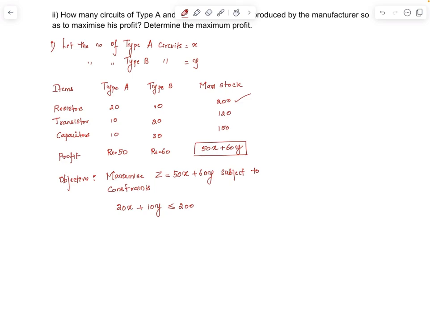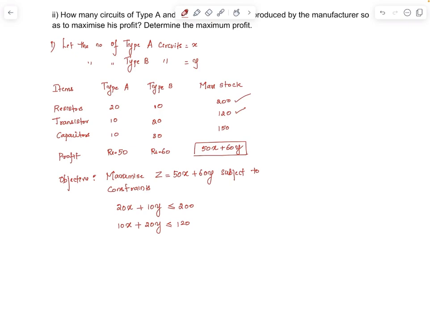This can't exceed 200 as the maximum stock available is 200 only. Type A uses 10 transistors, type B uses 20 transistors. Now overall usage is 10x plus 20y. This cannot exceed 120 because that is the stock available.